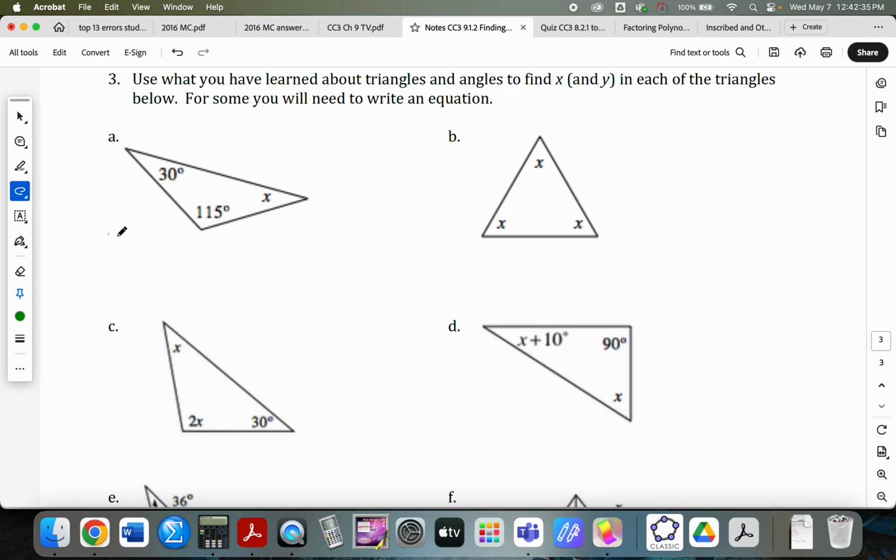So what we know is that 30 plus 115 plus x is equal to 180. So that's 145 plus x is 180. Subtract the 145 from both sides and we get that x is 35 degrees.